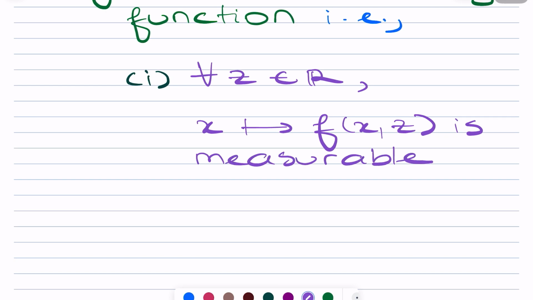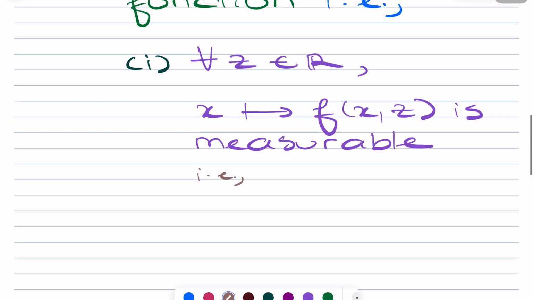So if you view little f as a function of x, this should be measurable. This is another way of writing that.